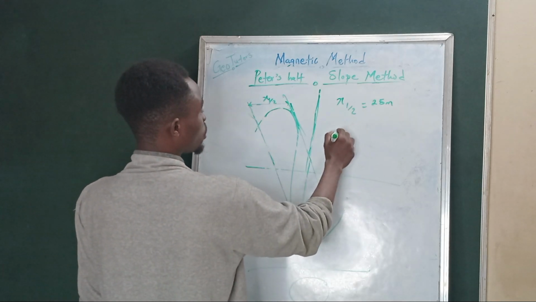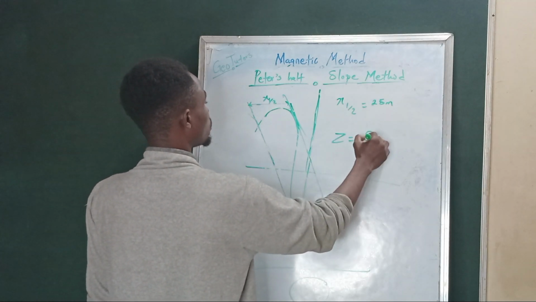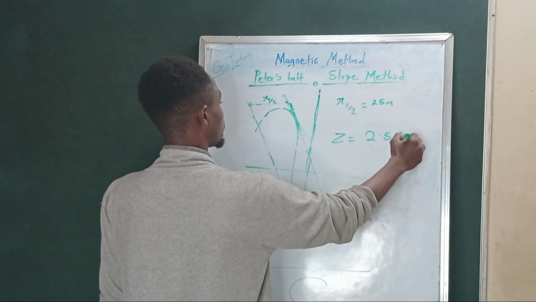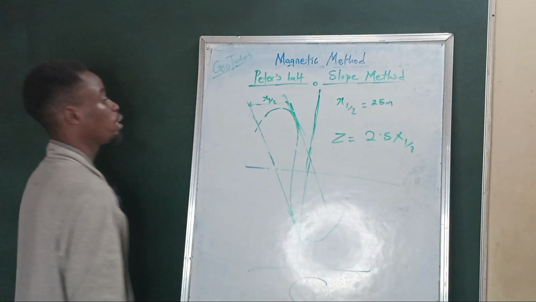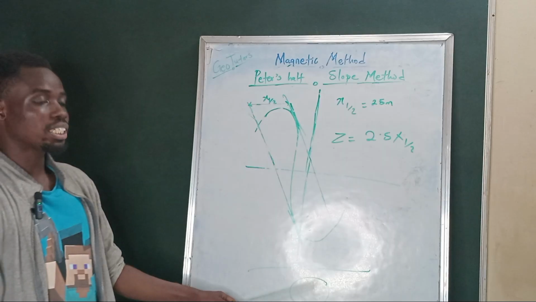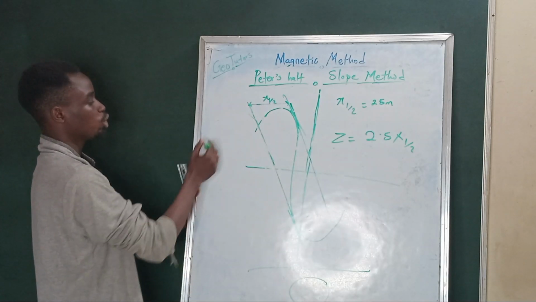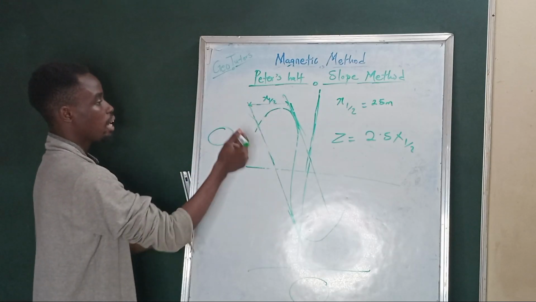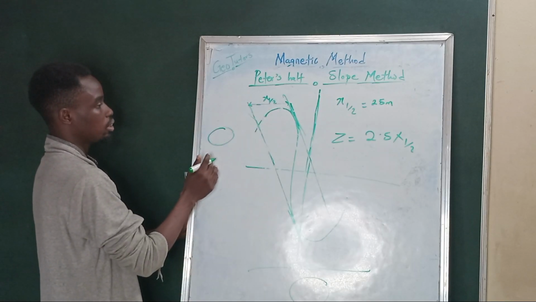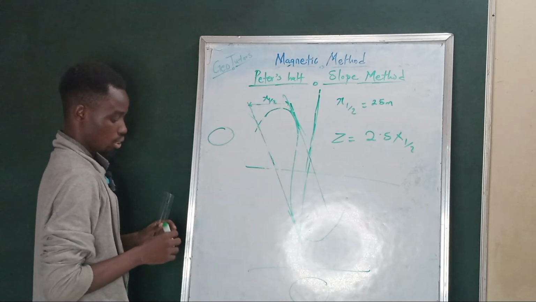So Z is equal to 2.5 x half. Z is the depth. We want to estimate the depth, so we always assume the geometry, the kind of geometry that we have. So we assume it's a sphere, 2.5 times x half.